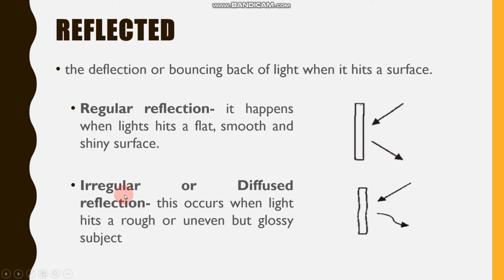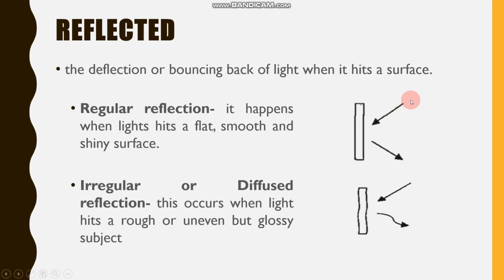While si irregular or diffuse reflection, this occurs when light hits a rough or uneven but glossy subject. So, yung mga uneven surfaces na kung saan hindi siya smooth, di ba? Kabaliktaran lang naman siya. Mga rough surfaces. So, yung kanyang reflected rays is diffuse na, or kaya naman hindi na siya magre-reflect into a straight path.